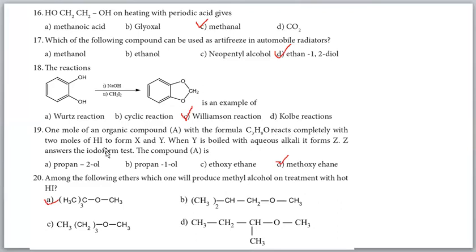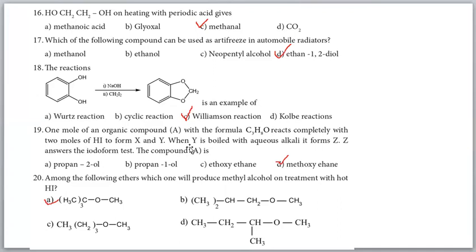It reacts completely with 2 moles of HI. Alcohols can react with 1 mole of HI only: the OH and the H of hydrogen iodide form water, and iodine replaces the OH. So only 1 mole of HI will react, but here 2 moles are given. So it is not an alcohol. So the only possibility is that the compound is an ether.